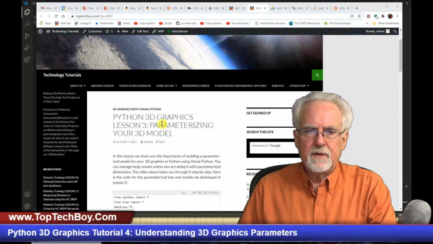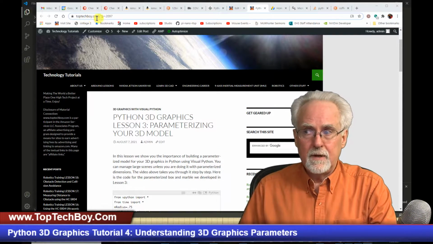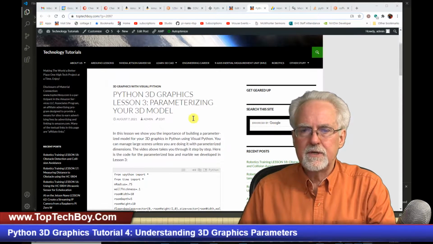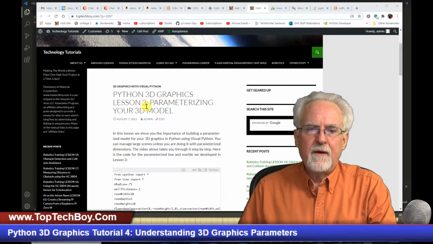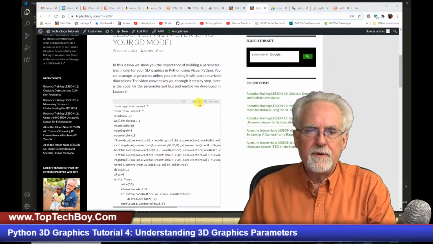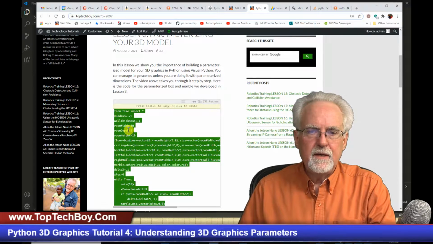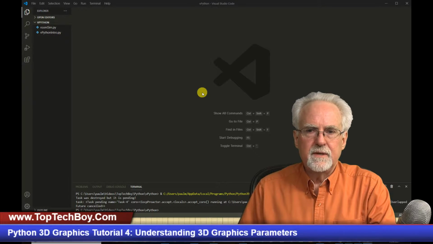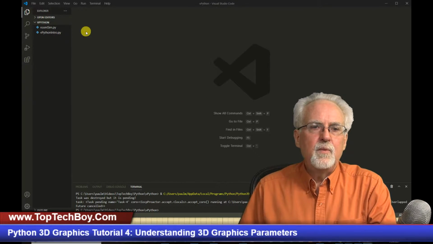To make sure we're starting in the same place, you can go to www.toptechboy.com and search in the friendly little search bar on Python 3D graphic lesson 3, parameterizing your 3D model. You'll come down here, click, right mouse click and copy, and you can get that code, and then come back to your most excellent Visual Studio Code.